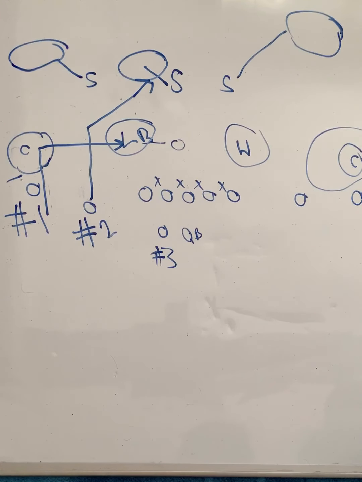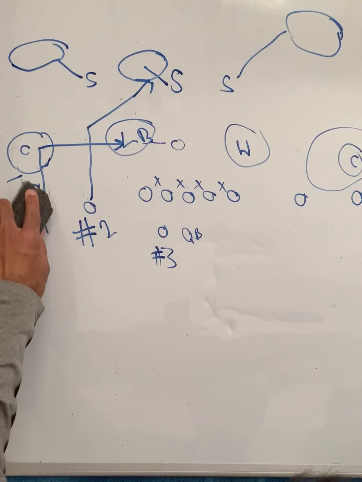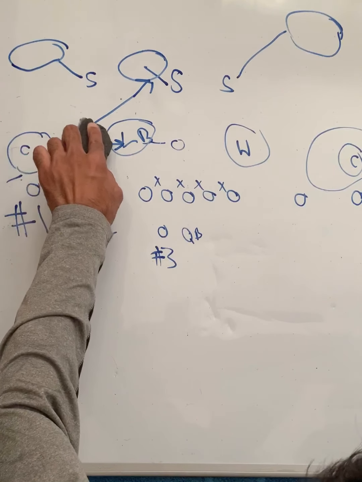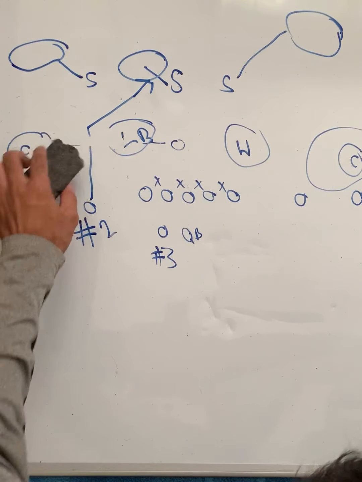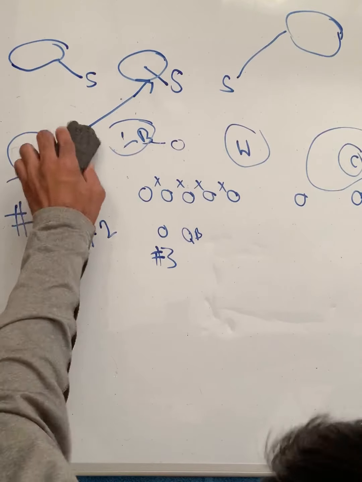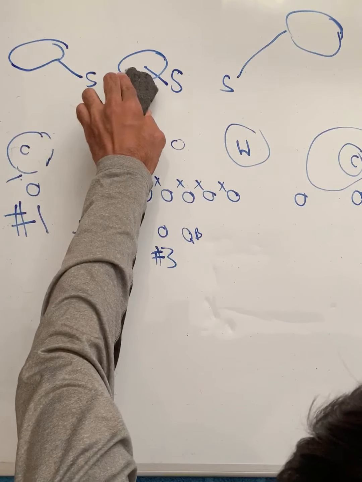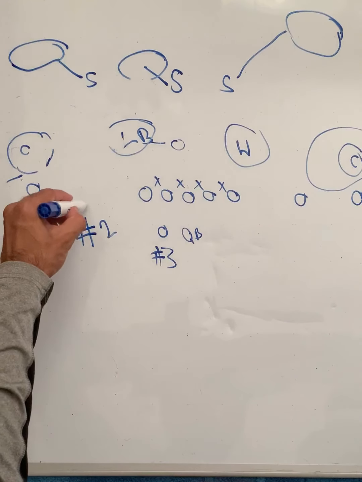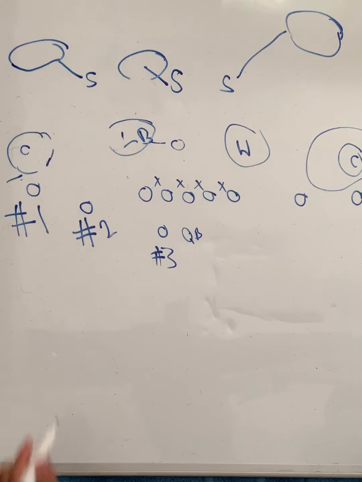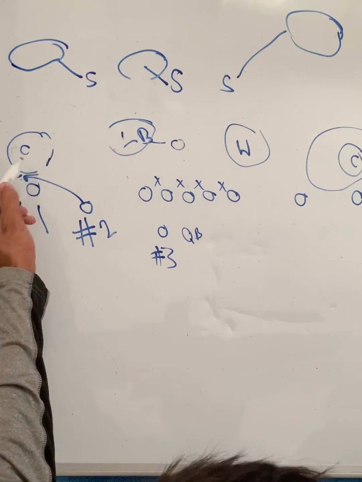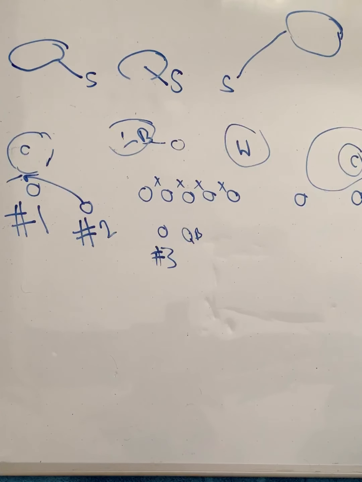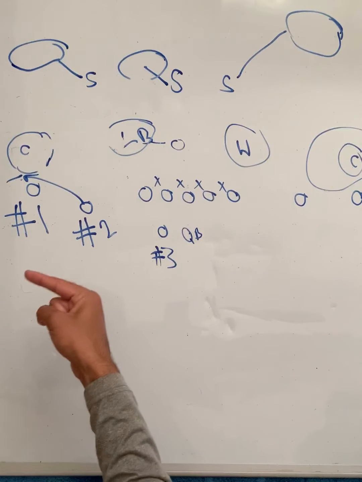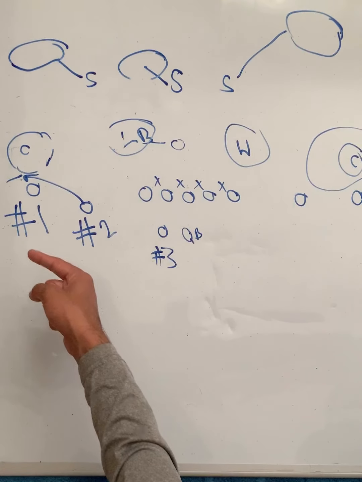So let's say number two, this guy right here, he runs into the flat, so he just goes whoop, right? That release is going to be completely out. It's going to be immediately to the outside. He's running out to the flat.